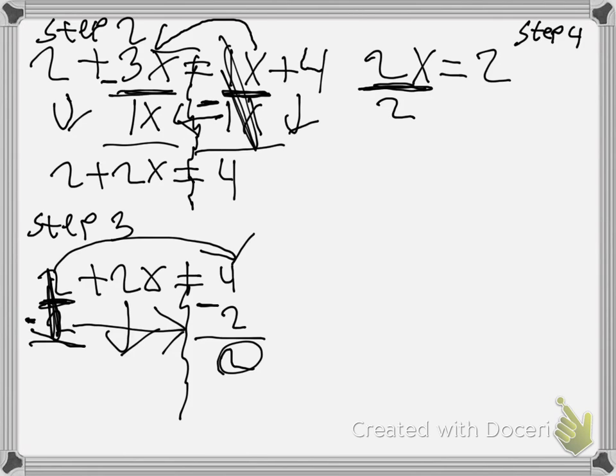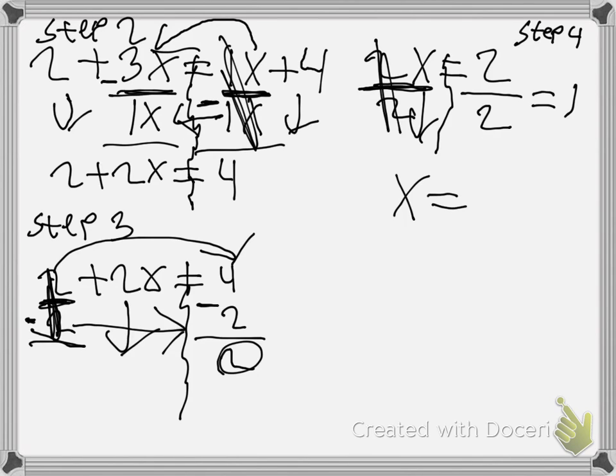So divide by 2 cancels out. This is a mirror. If we divide by 2 on one side, we've got to do it on the other. How many times can 2 go inside 2? One time. And is x alone? It sure is. It drops. X equals 1.